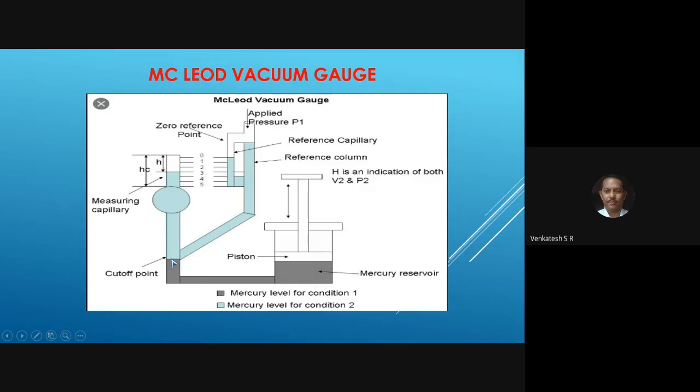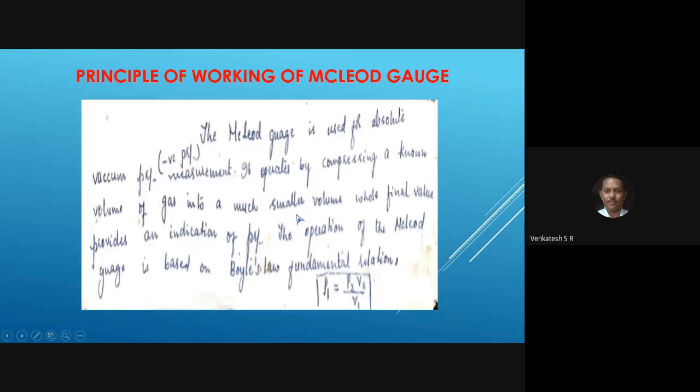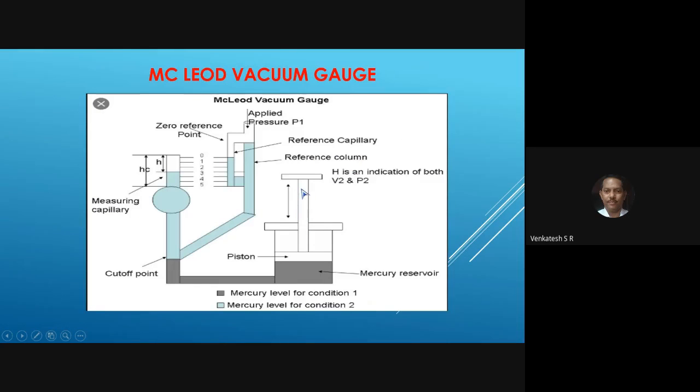This end of the measuring capillary is connected to a reservoir which contains the mercury, and this is the piston and the cylinder. So you can adjust the volume of the mercury so that the mercury level in the measuring capillary and the reference capillary should read 0.